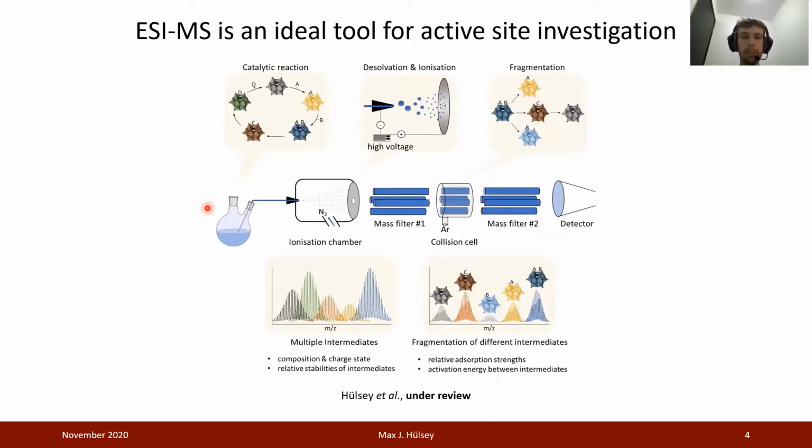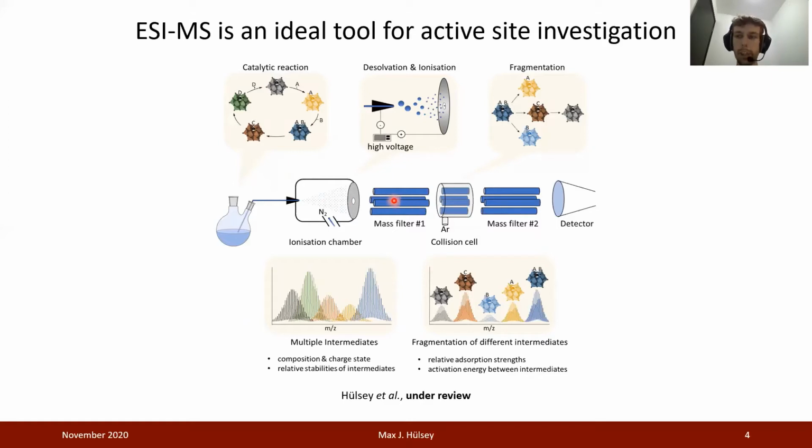Electrospray ionization mass spectrometry, or ESI-MS for short, is an ideal tool for the elucidation of homogeneously catalyzed reactions. During ESI-MS, we take a solution out of a reaction flask where catalytic reactions with different intermediates are happening. This solution will then be sprayed into an ionization chamber. The solvent will be removed and the naked ions will go into the mass filter.